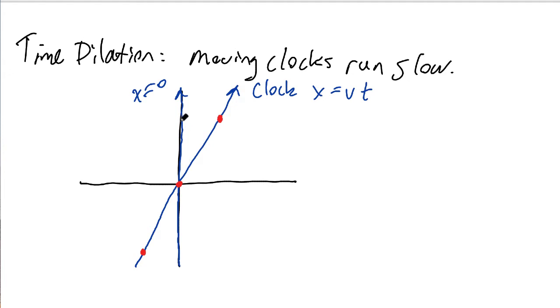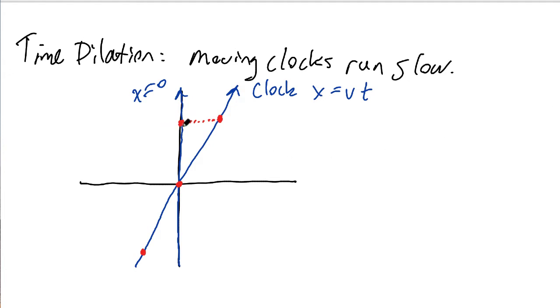Well, for this observer, the event along the observer's world line that's simultaneous with this clock tick is this event right here. All of these events along this horizontal line are simultaneous as seen by this observer, because this line has the inverse slope of the observer's world line.